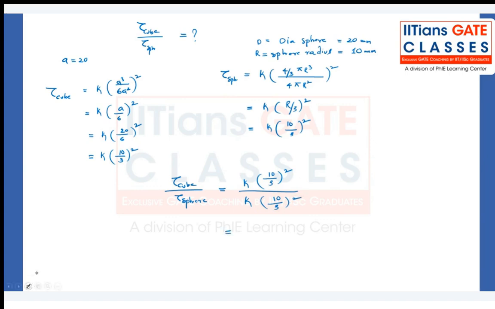Why? Because all are the same material, both the cube and sphere, same casting condition. Now here I can write it as 10 by 3 into 3 by 10 to the whole square. All get cancelled, so we are going to get 1 to the square, such that your answer is 1.